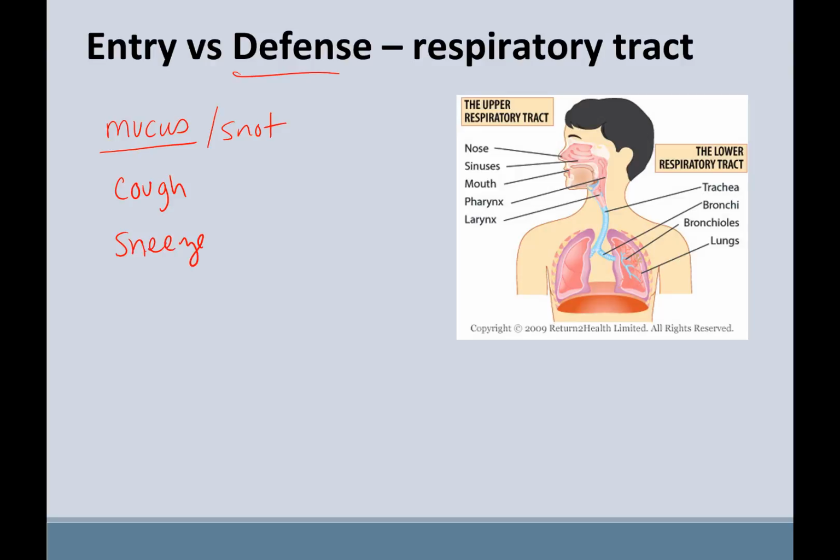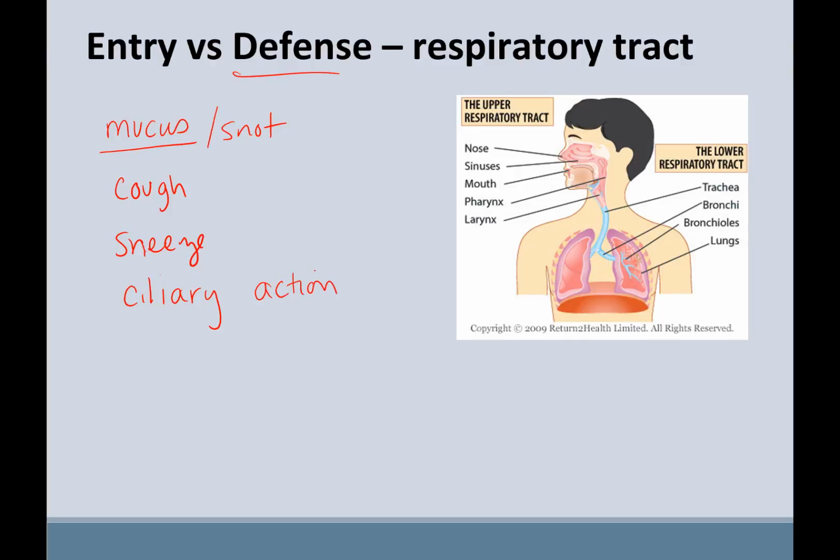And these are actually natural reactions that your body says, there's something foreign in here, I want to get it out, right? So don't suppress those sneezes. Go ahead and sneeze. Just cover your face so you're not transmitting whatever you've got. We also have, along with this, our ciliary action.